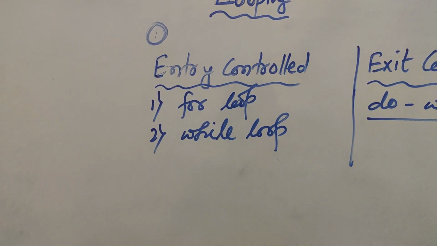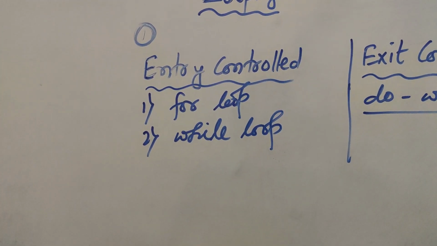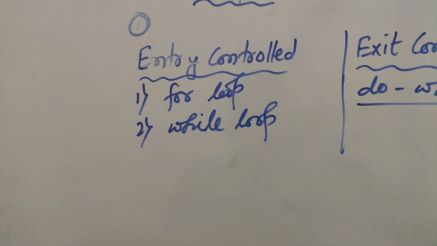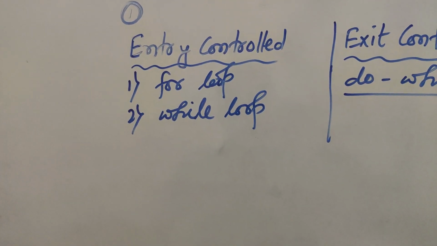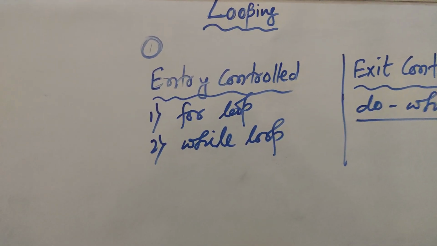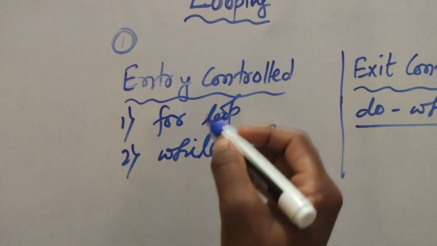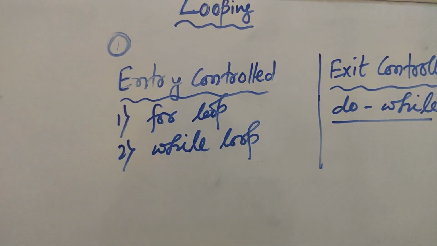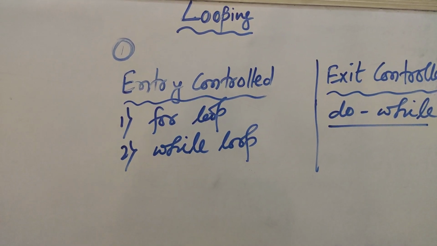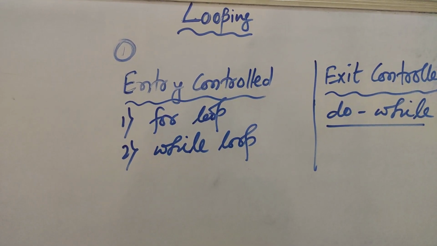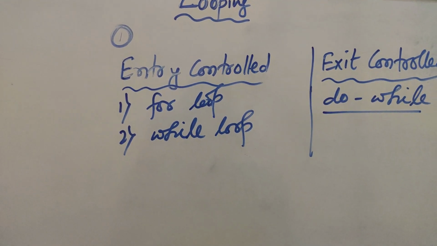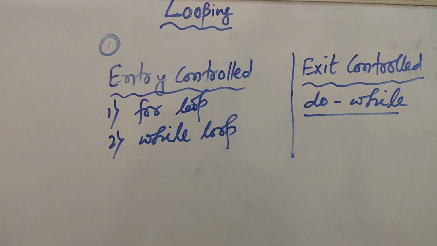But the program which we write by for loop, we can write by while as well as do while also. See why it is called entry loop. Entry means first the condition. If the condition is satisfied, if the condition is true, then the body of the loop will execute. In the if statement I explained body.